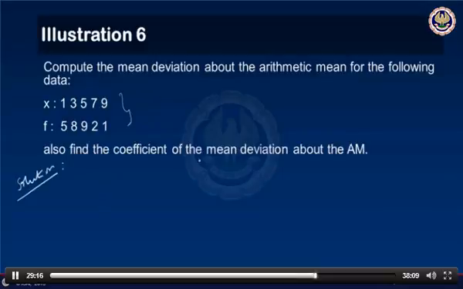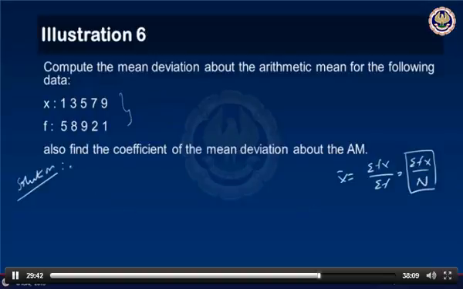You are already aware of the mean formula: x bar equals summation of fx by summation of f. Summation of fx is the sum of each frequency multiplied by the respective observation, divided by the number of observations. This is the mean for the grouped frequency distribution.